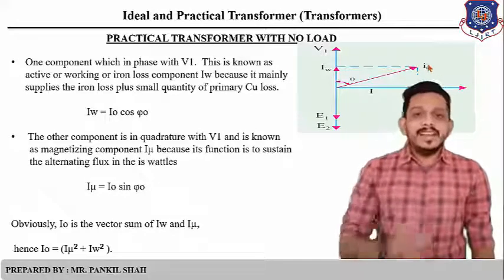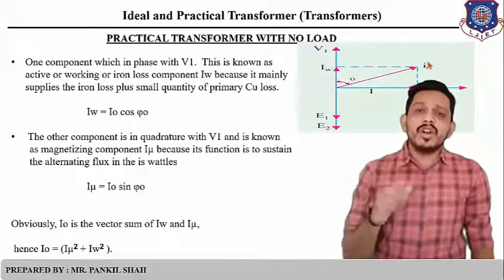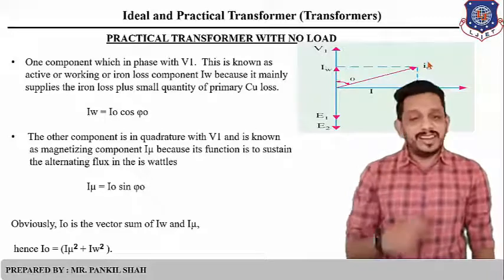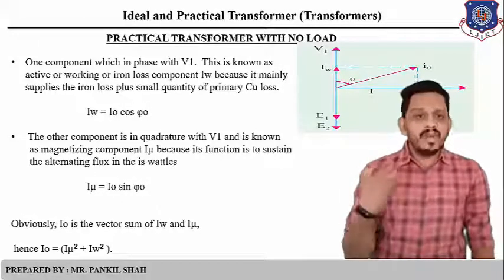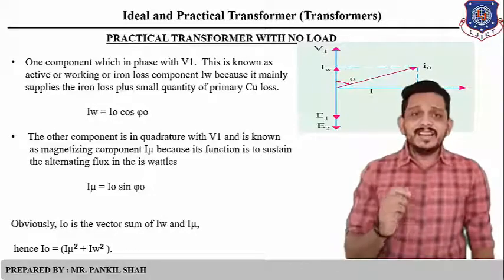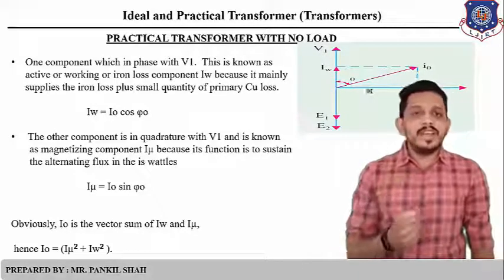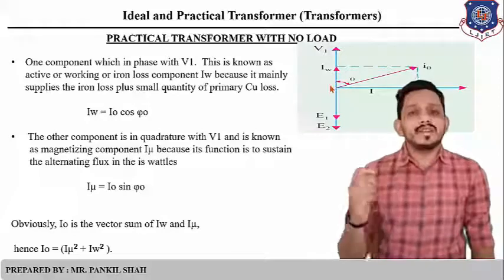Basically, in the ideal transformer there is only magnetizing current flowing in the primary winding. Magnetizing current flows to produce the magnetic flux. But here, along with the production of magnetic flux, there will also be the loss component.